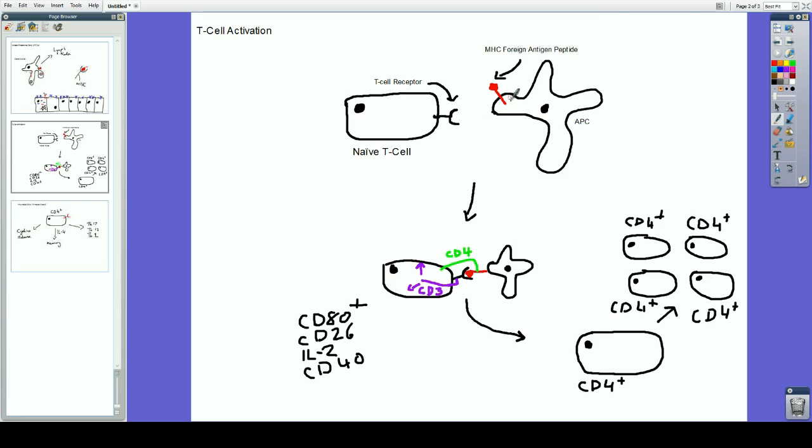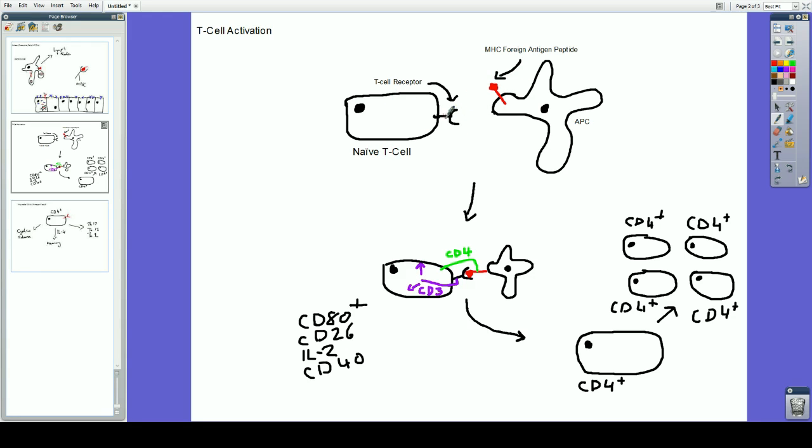The dendritic cell displays this foreign antigen to the T cell. I've labelled it as MHC foreign antigen peptide because the T cell isn't interested in the MHC. It's seen MHC before, but what it's interested in is this foreign antigen. The dendritic cell processes this antigen into a peptide, displays it on its own MHC, and that's what the T cell is going to respond to.